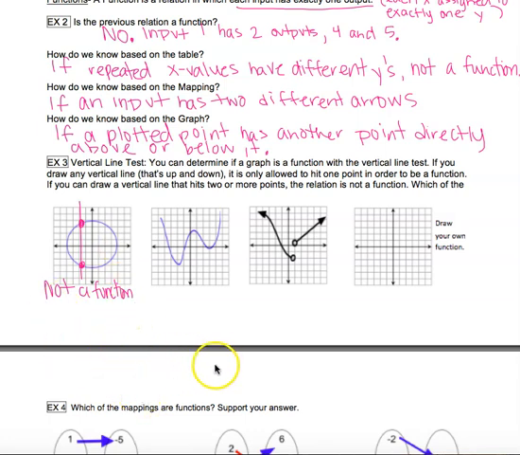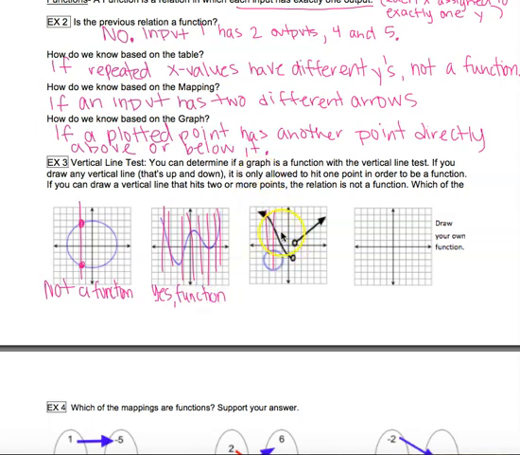And it's not just one vertical line. You have to think of all the vertical lines that you could draw. So here I draw one, it only hits once. But I don't stop there. I should keep imagining that I'm drawing, but nothing I could draw is going to hit more than once. So yes, it's a function.